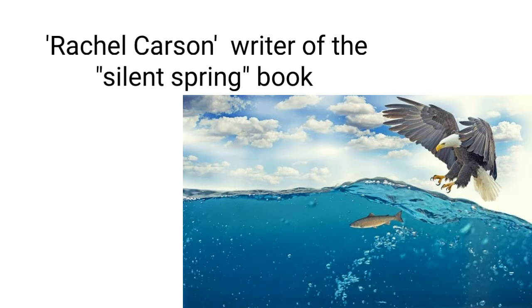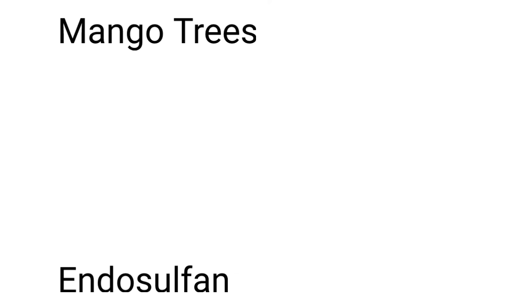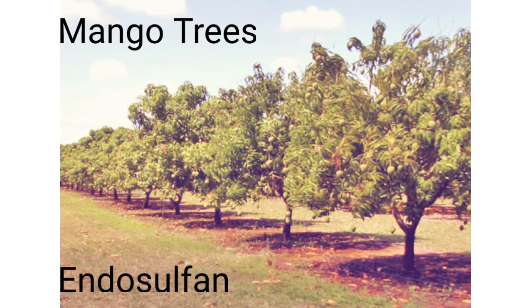The next one is Endosulfan. In 1976 the Kerala government sprayed Endosulfan to protect cashew crops. Here the government sprayed about 15,000 acres. This treatment was continued for 25 years.